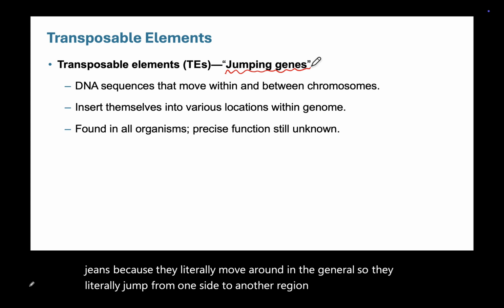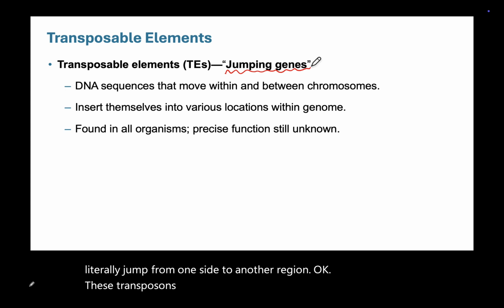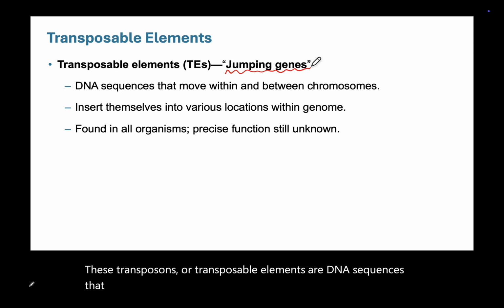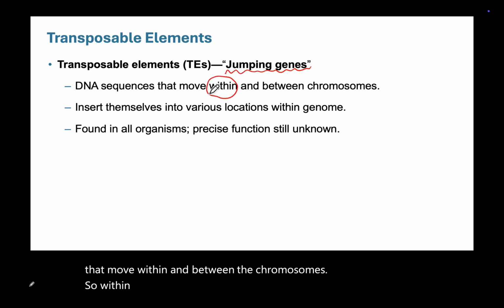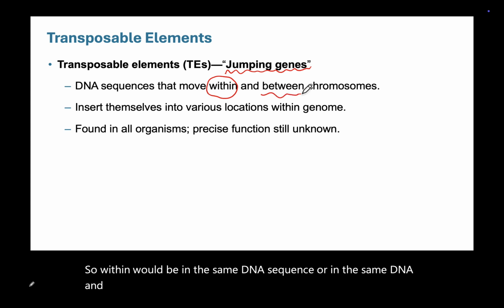These transposons or transposable elements are DNA sequences that move within and between the chromosomes. So within would be in the same DNA, and between would be to a sister chromatid or to another homologous chromosome.